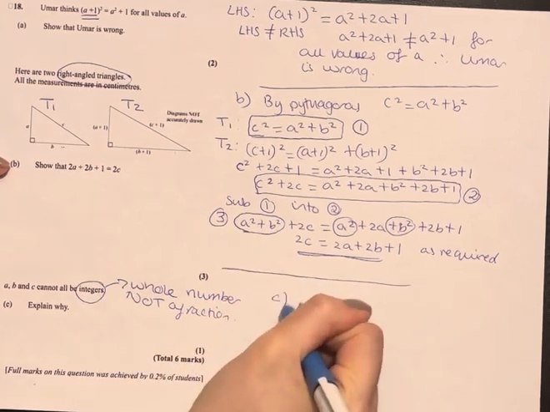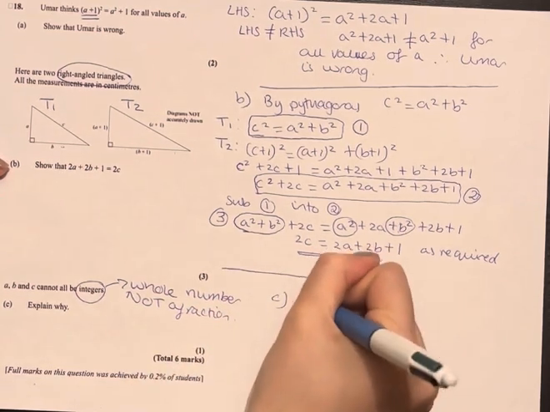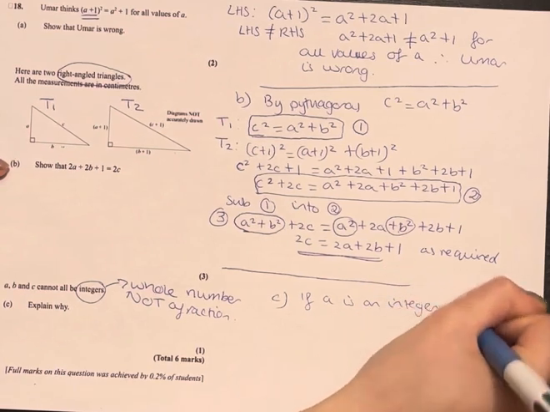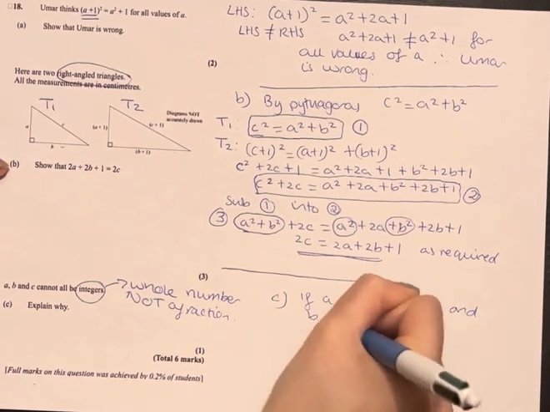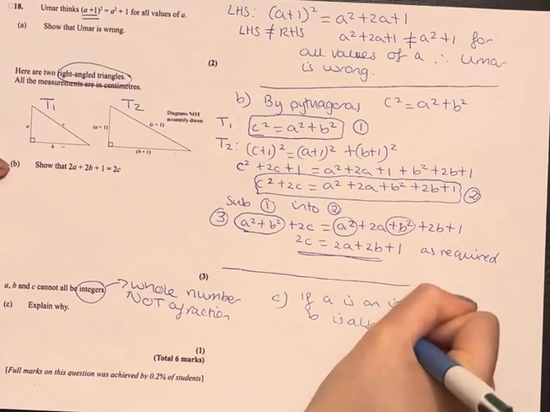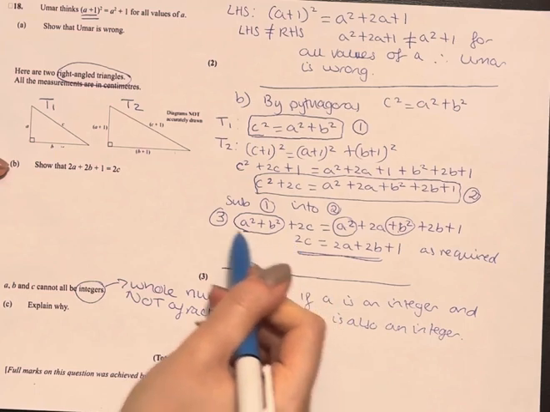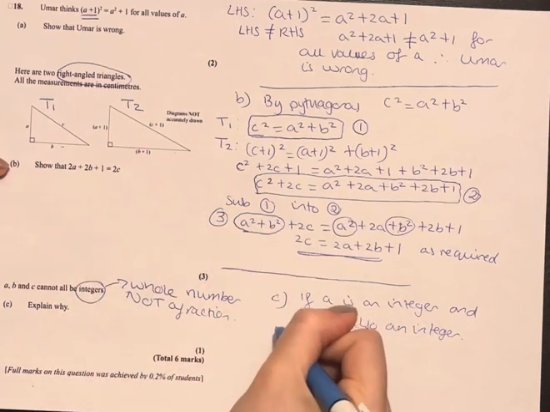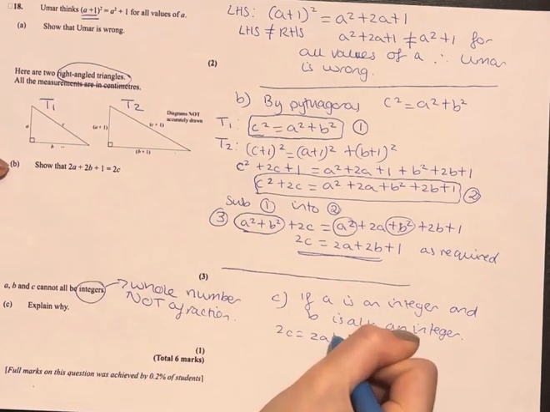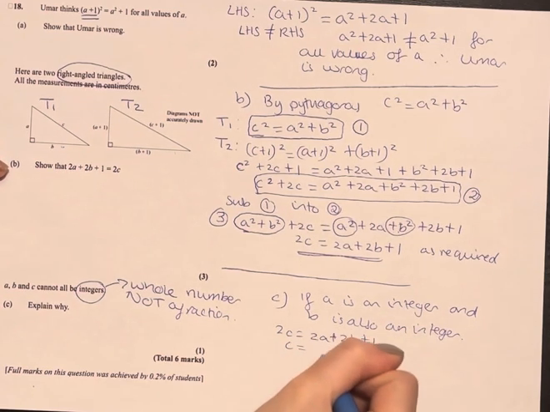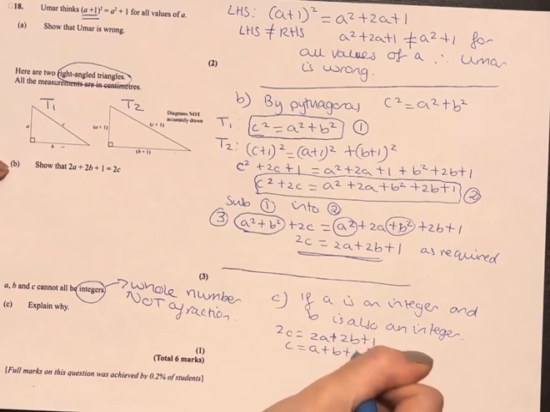So if a is an integer and b is also an integer, and we use what we found in part b, that 2c = 2a + 2b + 1, let's just tidy this up a bit. Let's divide by 2. So we get c = a + b + 1/2.